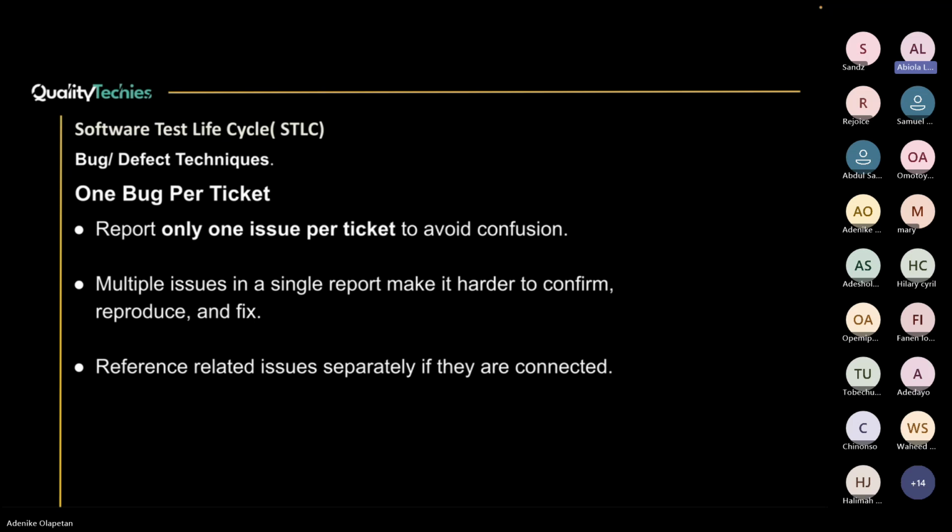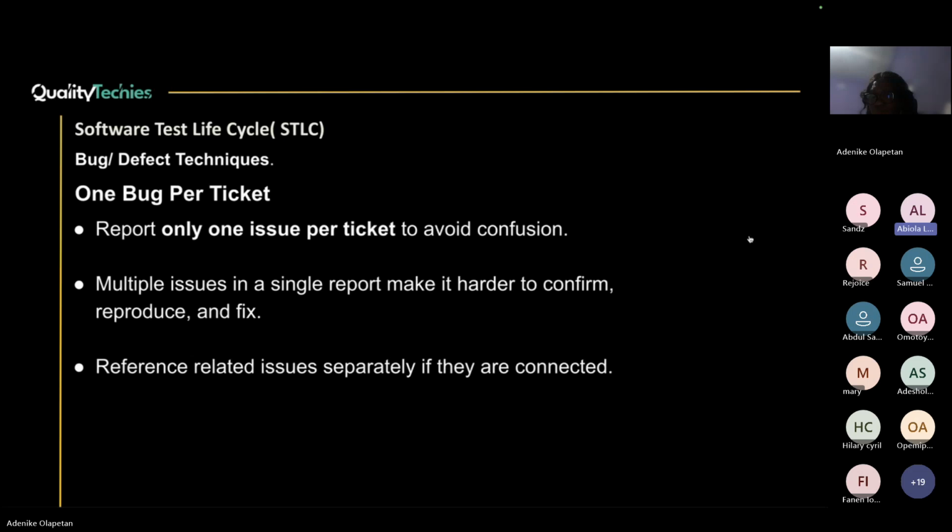All the issues you log on the user module, they fix together. Then they go into the next module to fix. So now you are lumping your defects together from different modules. So let's reference related issues separately, and if they are not connected.